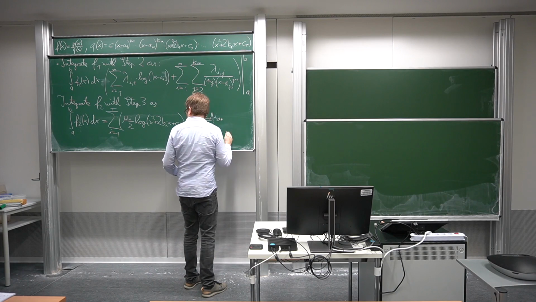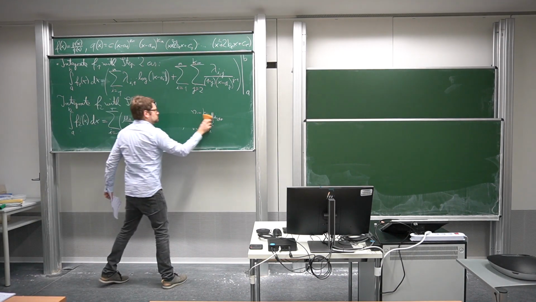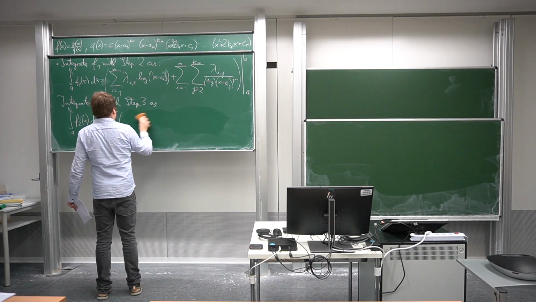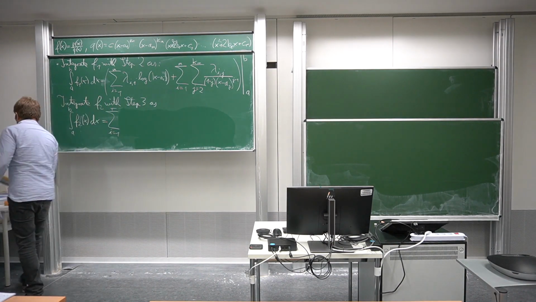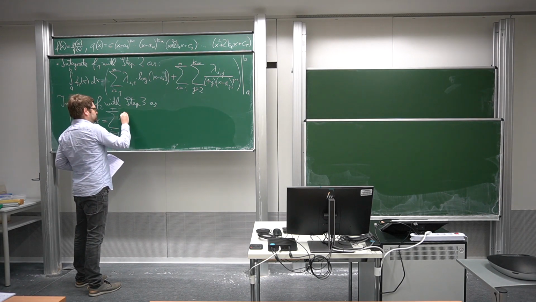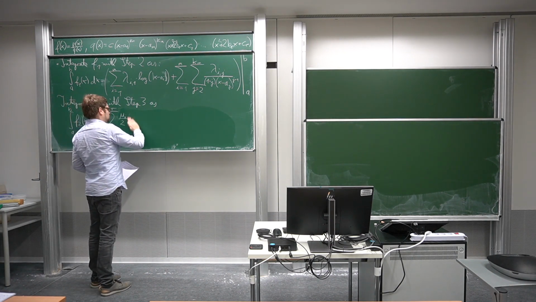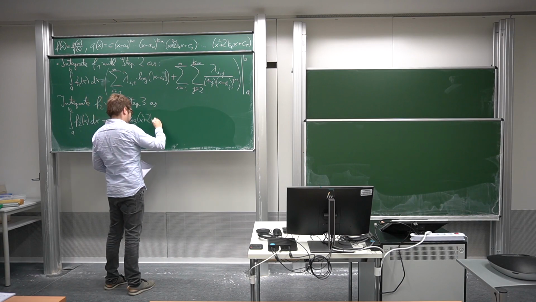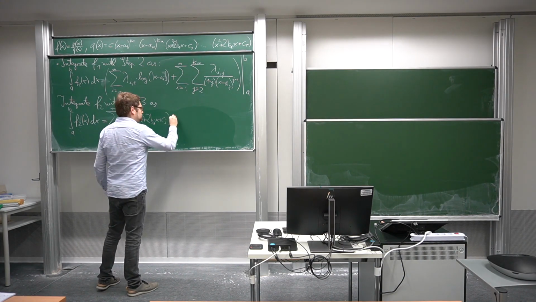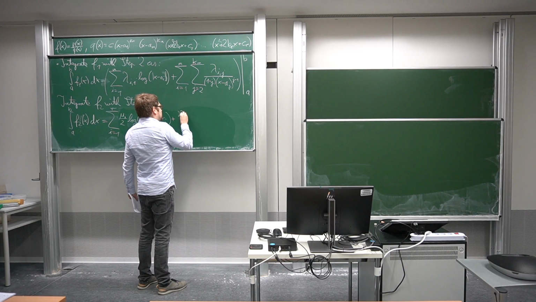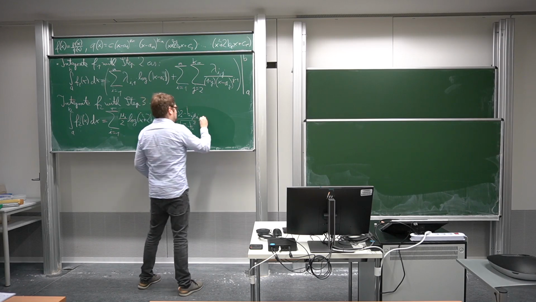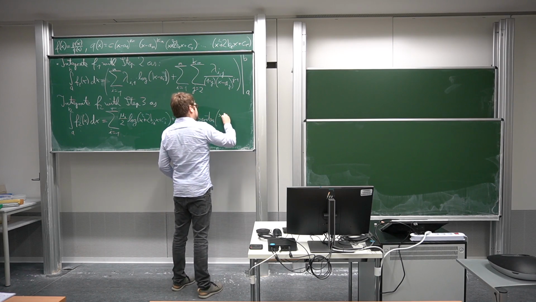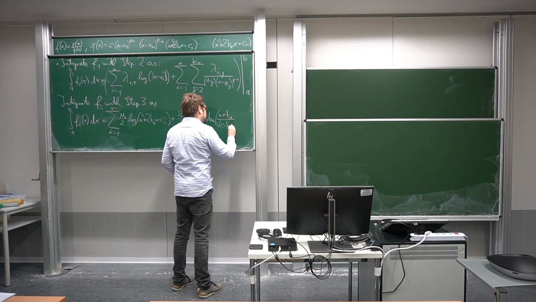I need more space. Sorry, second try. Mu i minus bi mu i over the square root of ci minus bi squared, times the arctan of x plus bi divided by the square root of ci minus bi squared.